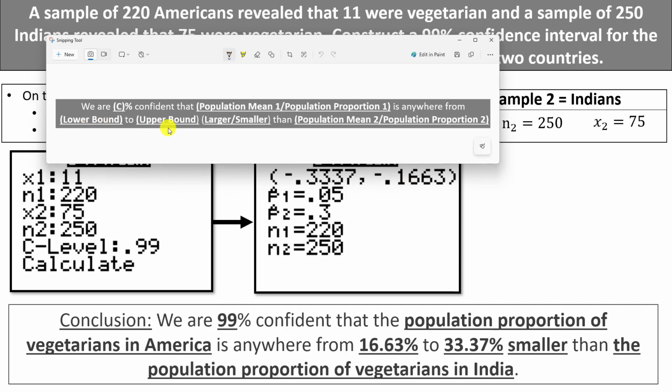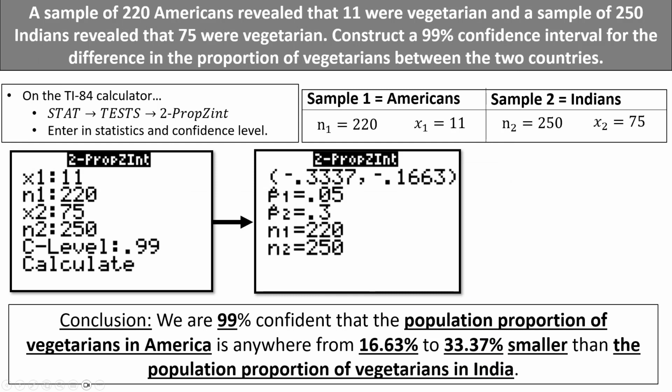So this is where you might mix these two up. So I'm going to write my lower bound first, which is, I guess it's really my upper bound, 16.63% to 33.37%, smaller, since we have negative numbers, than the population proportion of vegetarians in India. And that completes our problem.